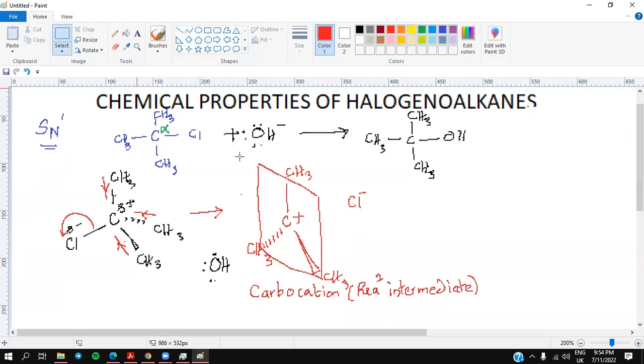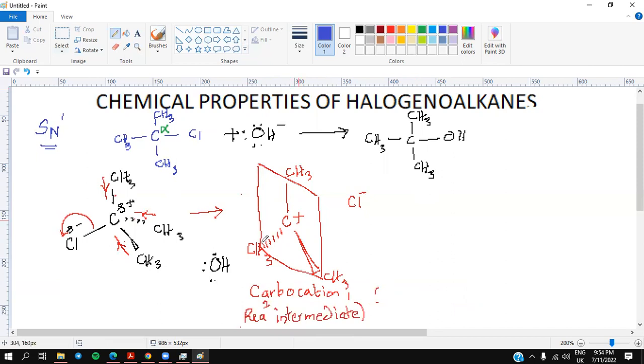Let me take this reaction intermediate word down so that we can have some space. Reaction intermediate.